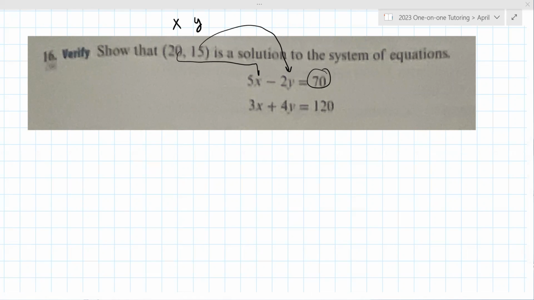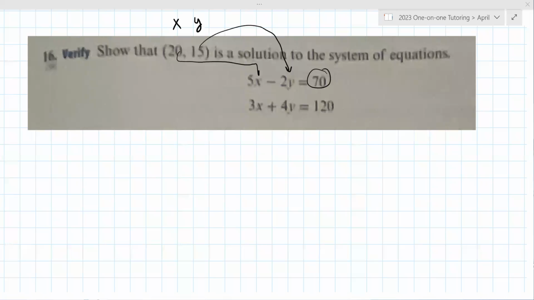Okay. Yeah, so the first one is true. And the second one. 60.